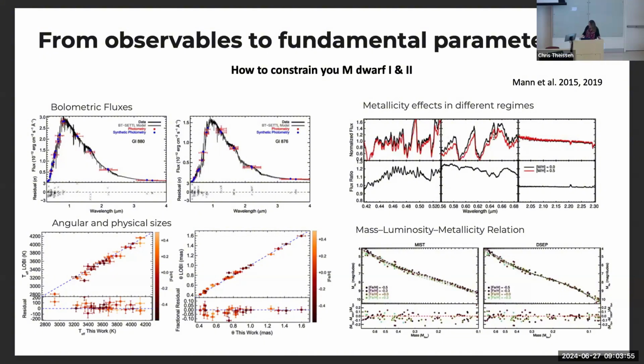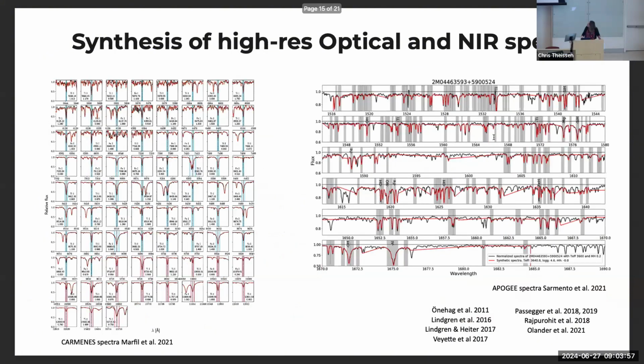However, we wanted more, and I'm really happy that very brave people decided to continue to work with high resolution spectra, not only in the optical, but also because M dwarfs became so important to find this second Earth, these small planets, because of the habitability opportunity.